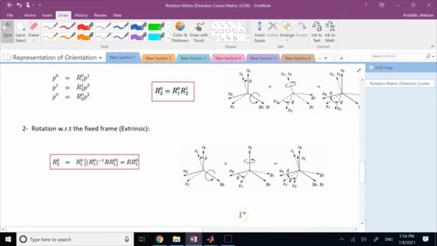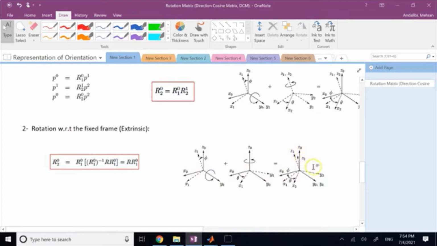So what's the result of that? The result of that is going to be that if you can see here, your z2 is not going to be the same as z1, your x2 is not going to be the same as x1, your y2 is not going to be the same as y1. All three of them will change because none of them will coincide with z0.